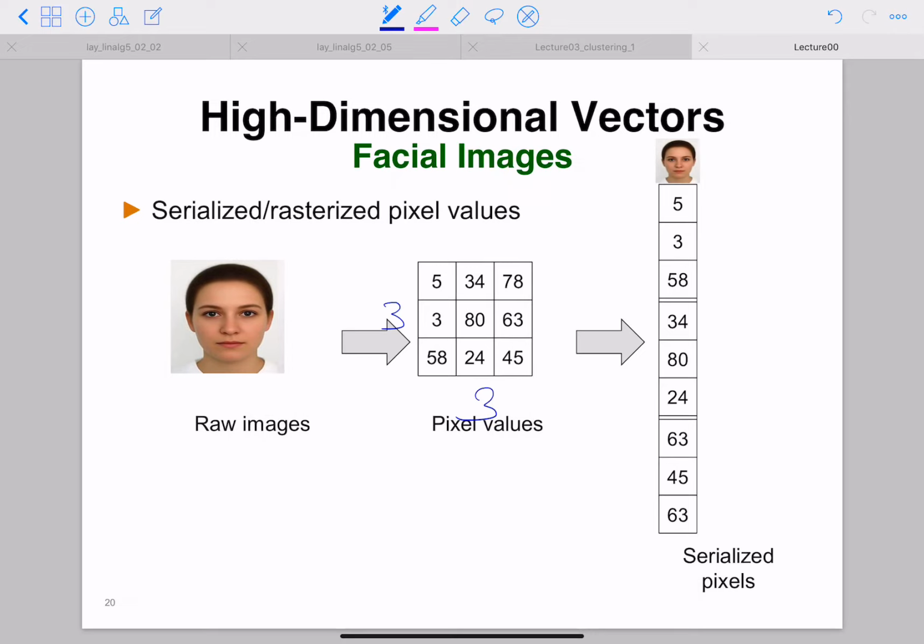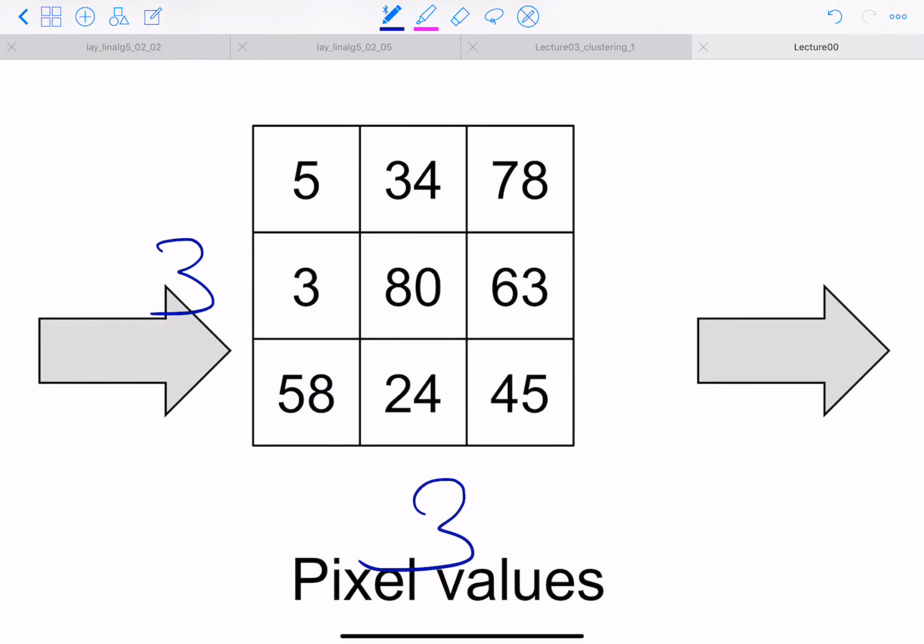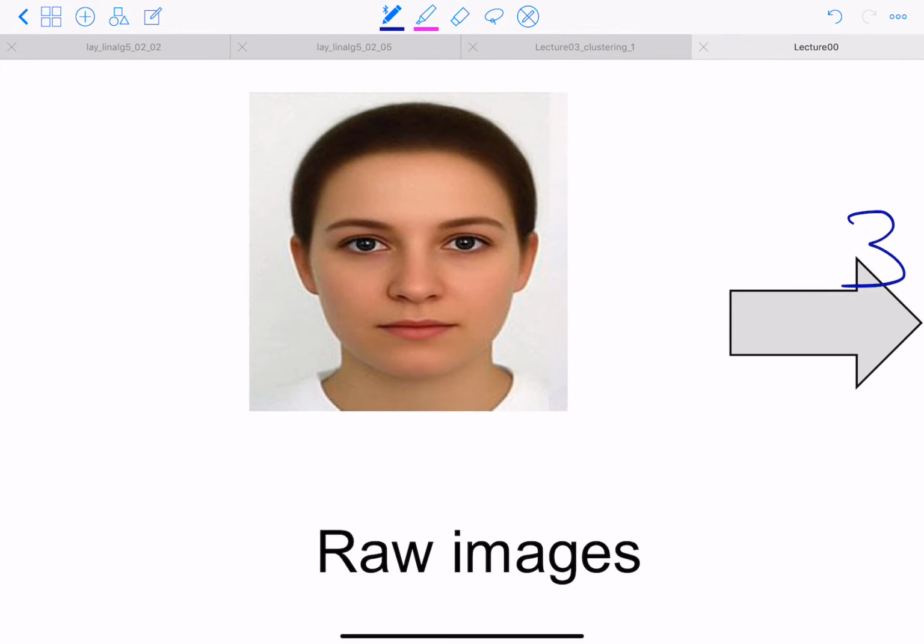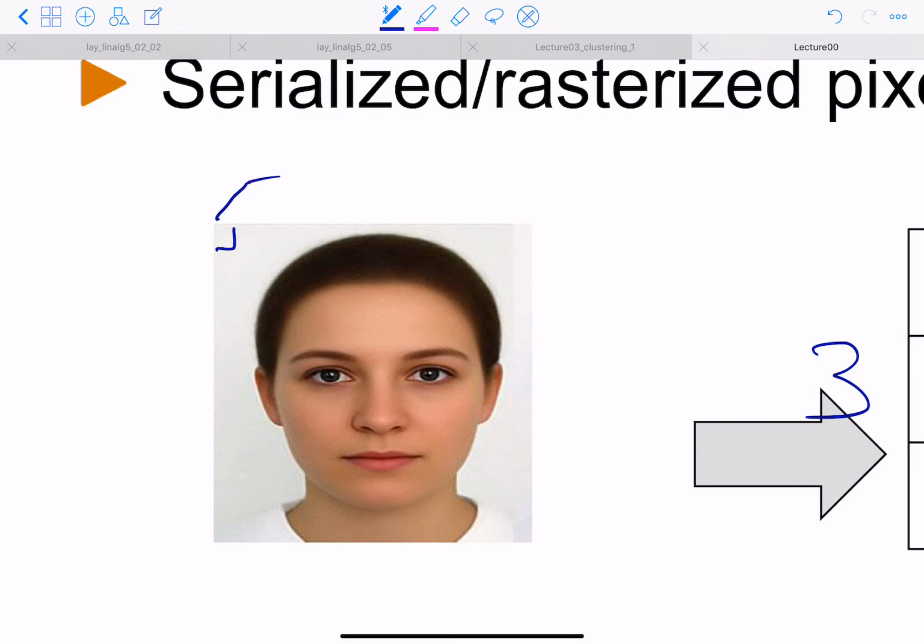Then we can consider its pixel values like this, ranging from 0 to 255, and this is a color image, so each pixel has an RGB value. If we take the average of the RGB values at each position, we can consider it a grayscale version of this image, making it a black and white image.